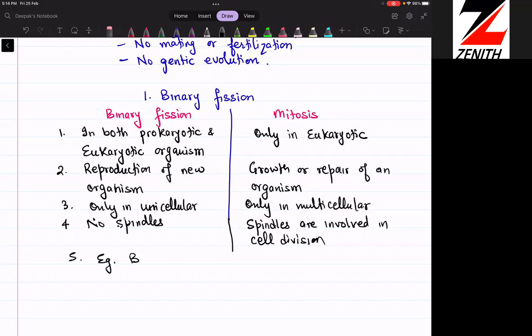Example of binary fission: bacteria, amoeba. Example of mitosis: all multicellular eukaryotes.